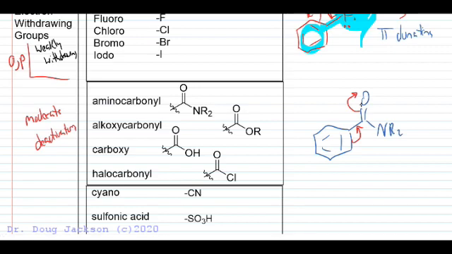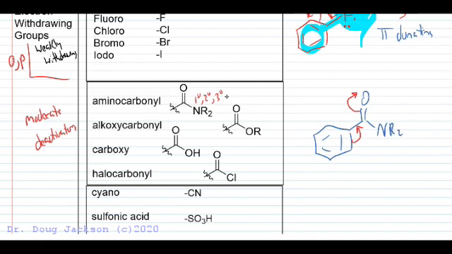Okay, so these are aminocarbonyl groups. These are primary, secondary, or tertiary amides here. So hydrogens can replace those R's or alkyl groups, esters, carboxylic acids, and halocarbonyl groups, so acid halides there. These are just the group names for each of those.